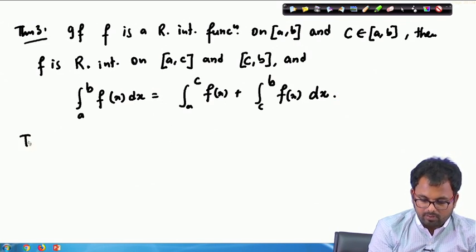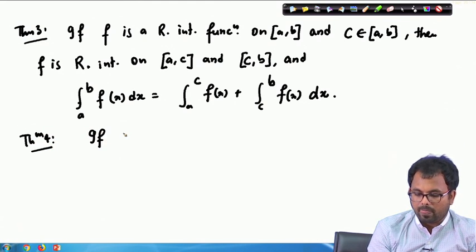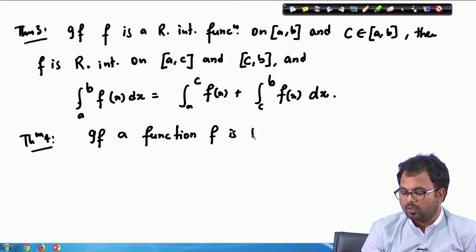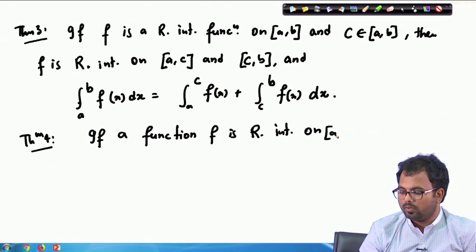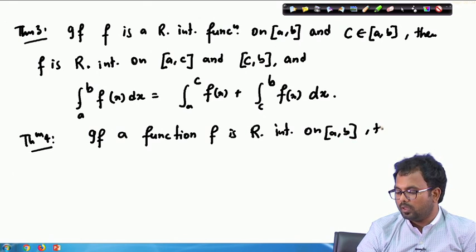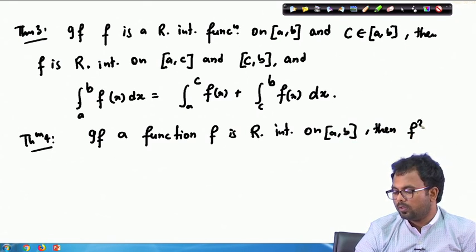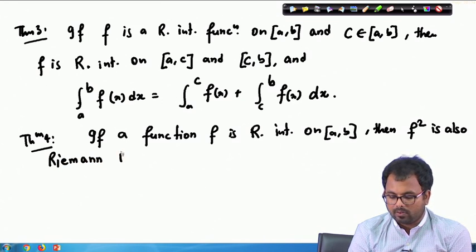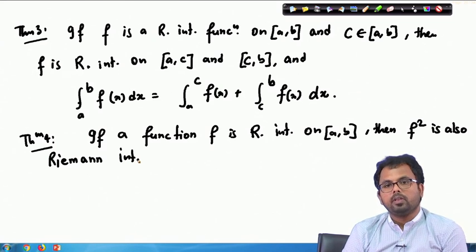The next theorem, or property, is: if a function f is Riemann integrable on the closed interval a, b, then f square is also Riemann integrable.